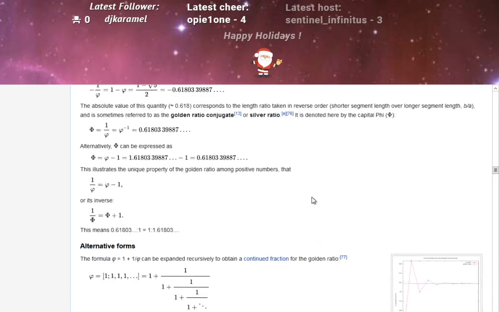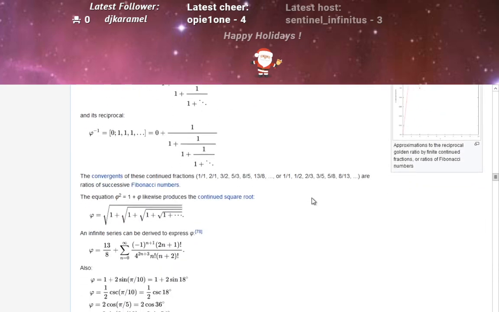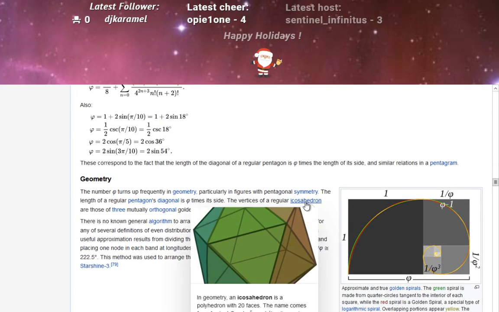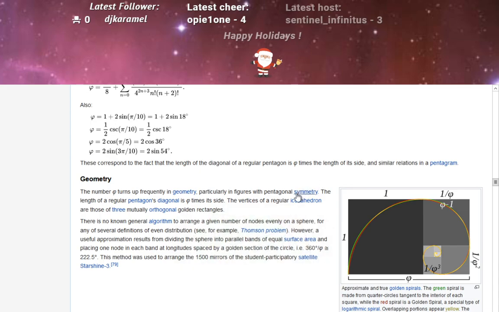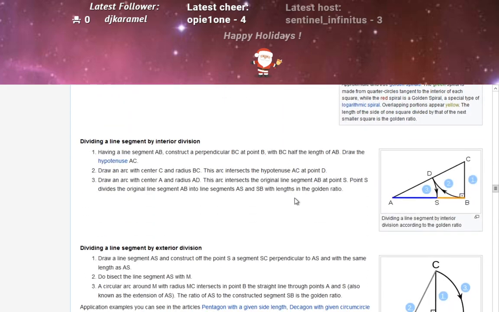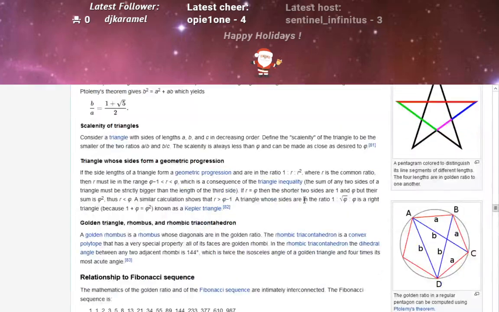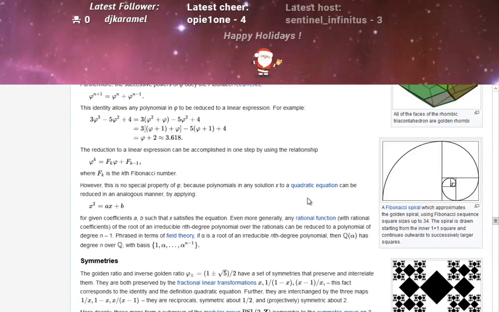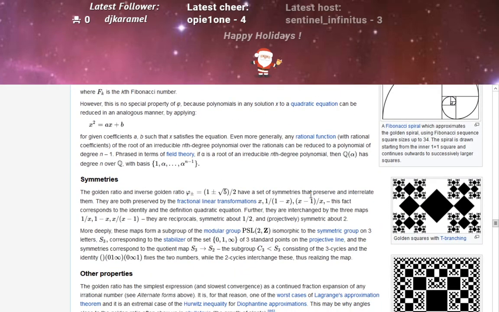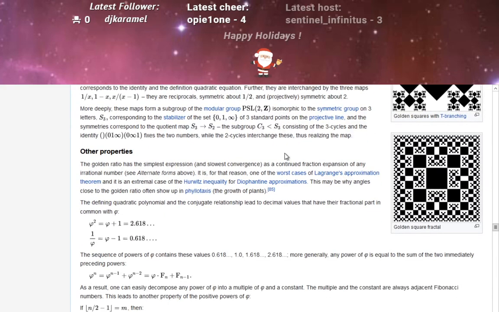That's just a number that goes to some infinite number towards phi by doing this equation. I don't see how that's a fractal, though. Golden squares with T branching. Golden square fractal.